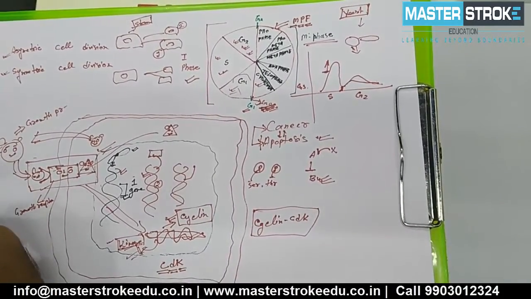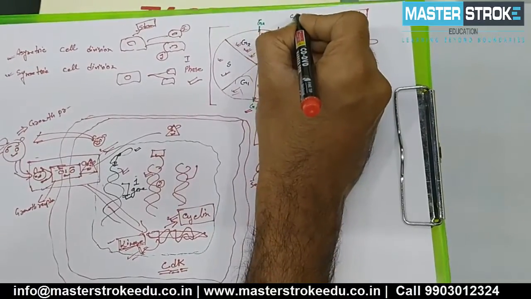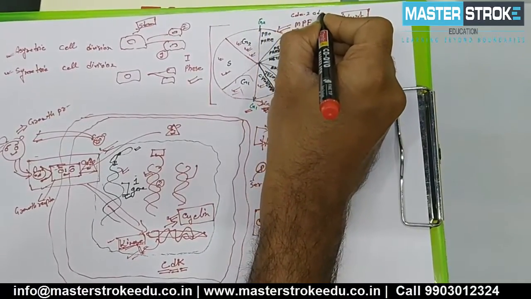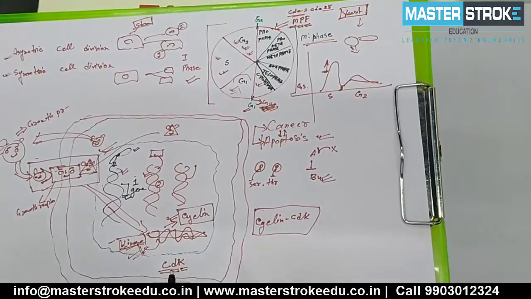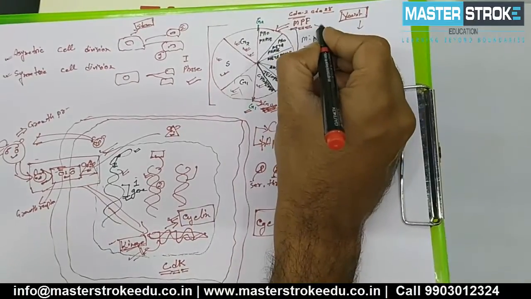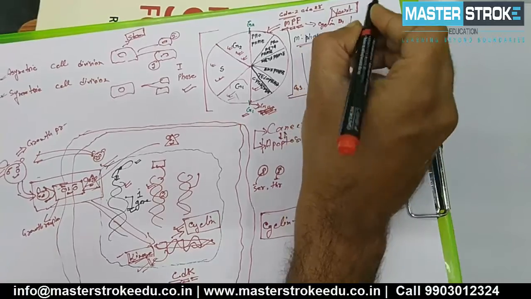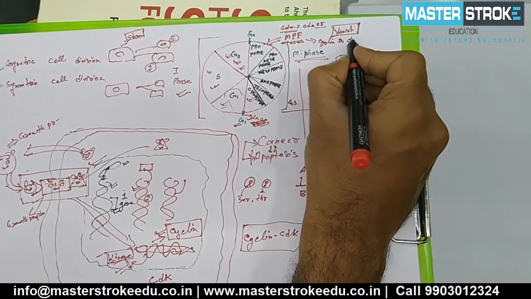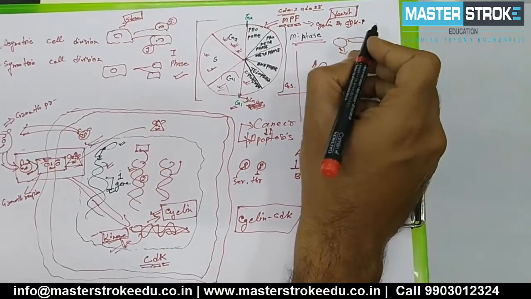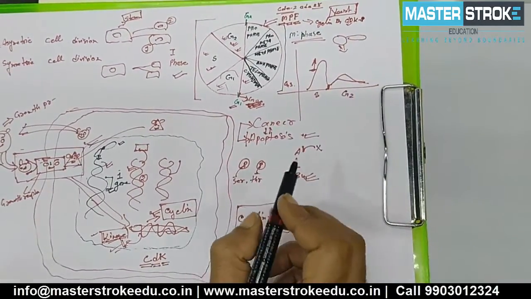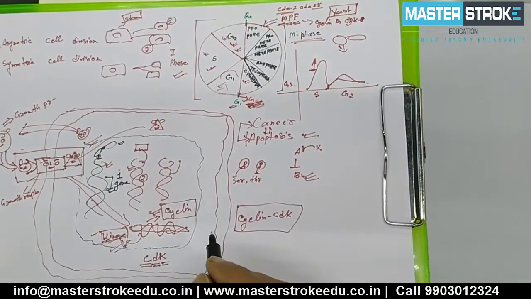Now the MPF of the budding yeast and fission yeast is called CDC28 and CDC2. In the eukaryotic cell cycle, the MPF is known as cyclin B1 with CDK1 or 2. These are responsible for the MPF or M phase cyclin.